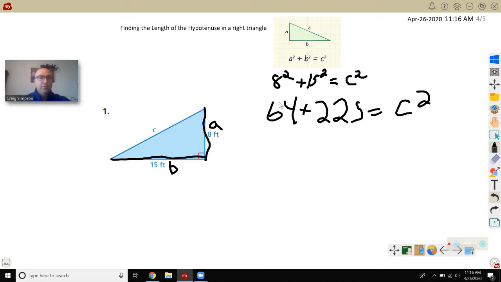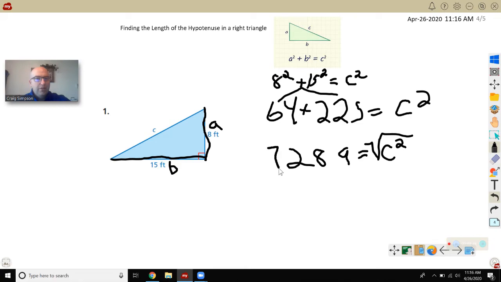Next step is to combine these terms here, 64 plus 225. 64 plus 225 is going to give you 289. And that equals C squared. To find just C, we find the square root of it. And what we do to one side, we do to the other.